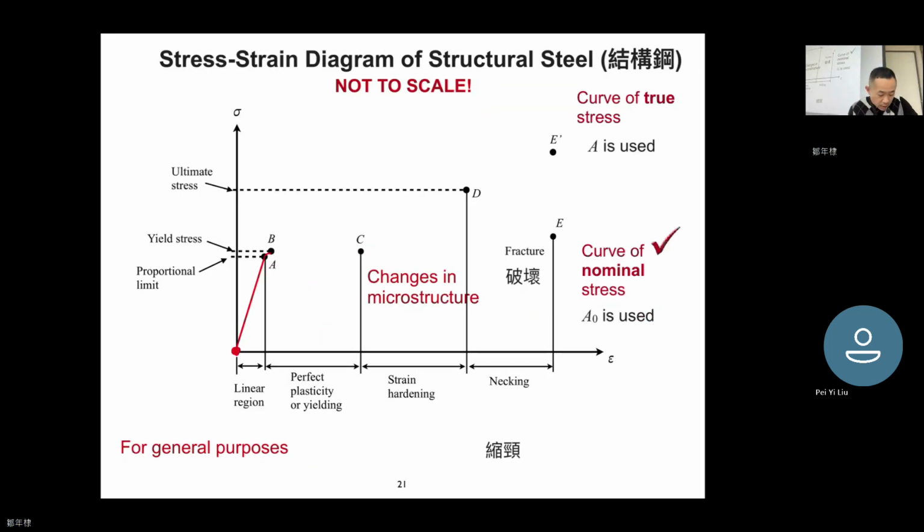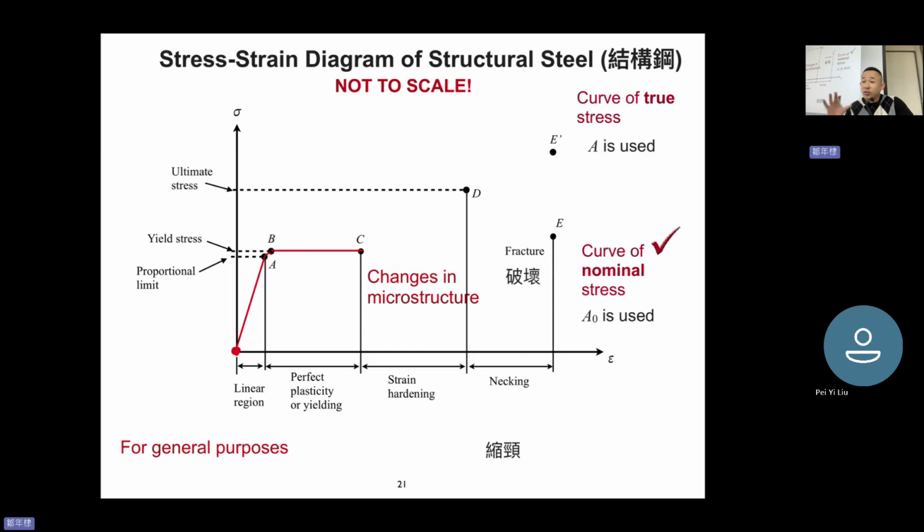And after that it becomes yield, which means you don't need to pull hard on the stress. It will increase its strain dramatically because it yields. Okay, but if it exceeds the yielding stress platform, the stress may increase again.